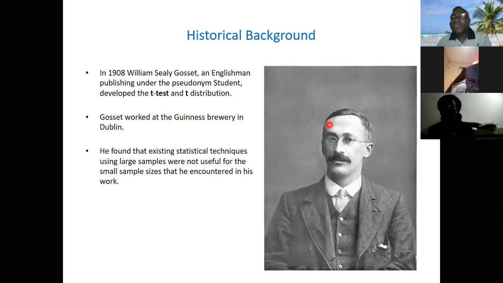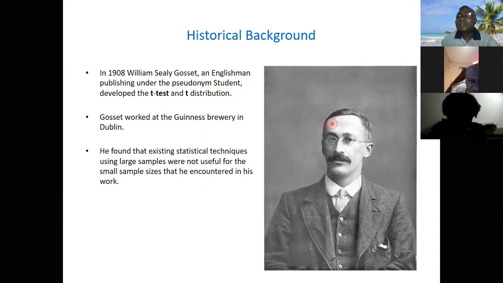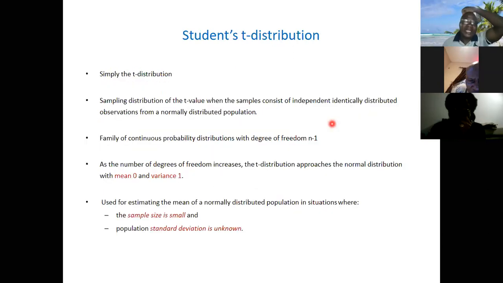So it was the one that first talked about the T distribution. The T distribution has some characteristics similar to the Z distribution, but in some ways different. So what he realized is that the sampling distribution of the mean, in that way you can use this.